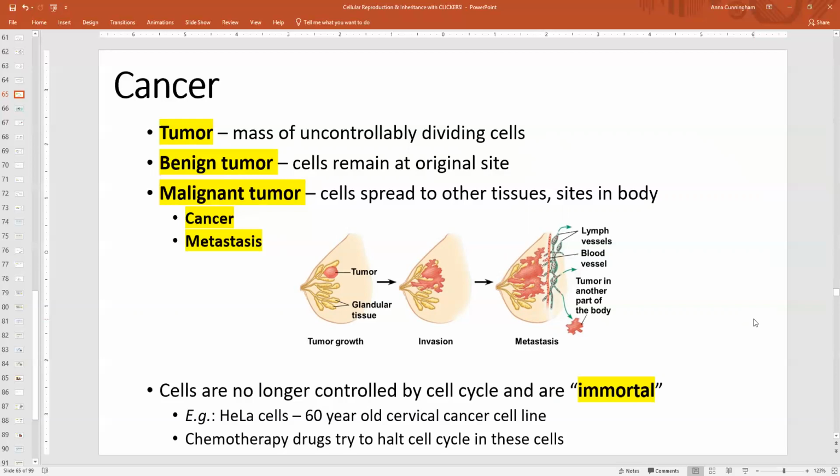HeLa cells are named after the person, Henrietta Lacks, and she had cervical cancer, and basically the cells from her cervical cancer were extracted and they've been used in the lab ever since, right? So that was like 60 or 65 years ago at this point.